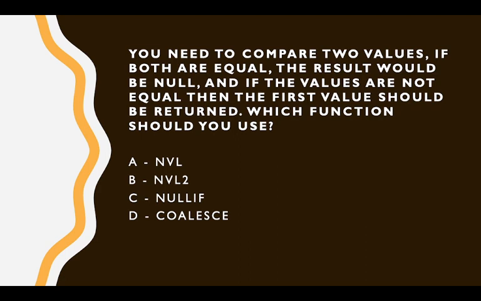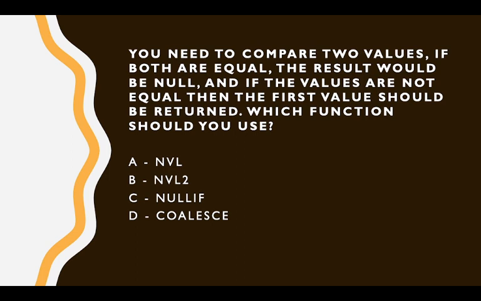and let us see what suits the criteria. So first is our NVL. NVL is basically used to convert a null value to an actual value, right? NVL function has two expressions, expression 1 and 2.